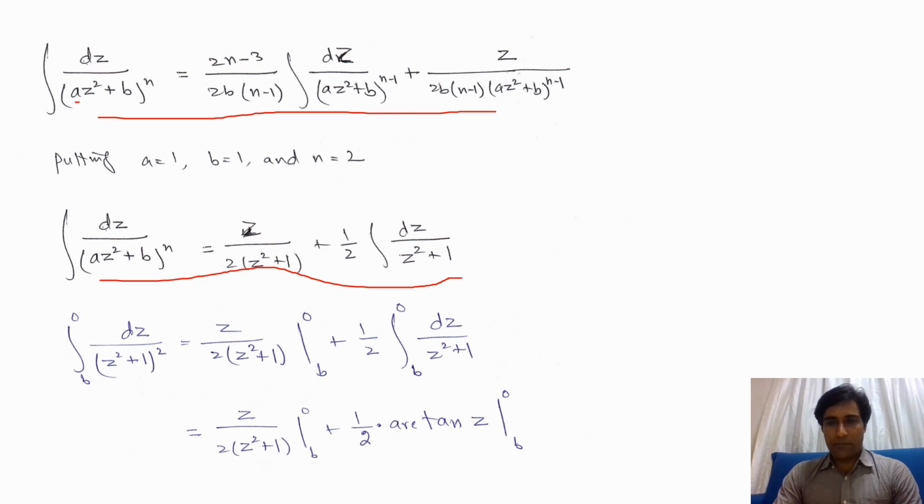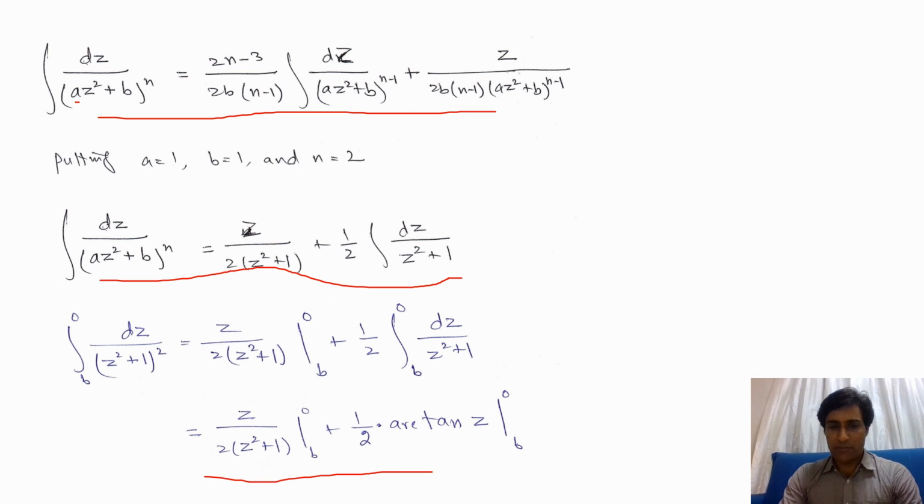The previous equation was equation 6. So with the help of the reduction formula, we will get the integral of dz over z square plus 1 whole square is equal to z over 2 into z square plus 1, with boundary conditions, plus 1 over 2 integral of dz over z square plus 1.